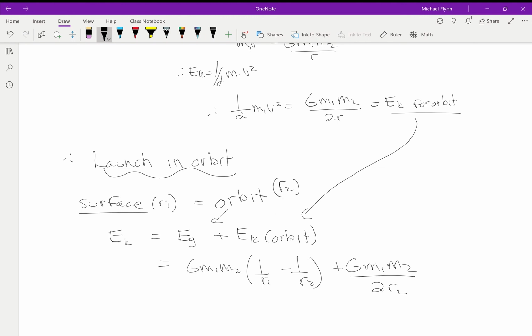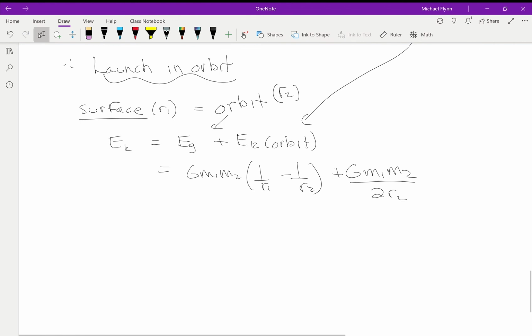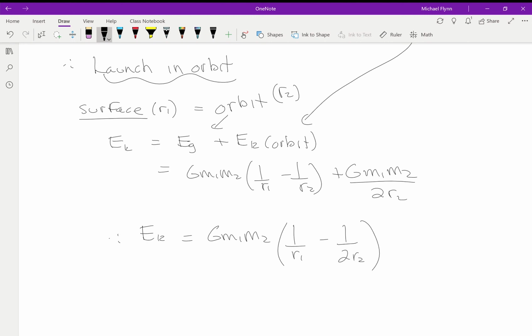Now there are like terms here, but I'm just going to simplify it for you. I don't want to waste your time with this kind of algebra that I'm never going to ask you to do. I'm just going to give you the formula. So I'm going to group the like terms, G, M1, M2. You're going to get 1 over R1 minus 1 over 2 R2 is what it works out to.